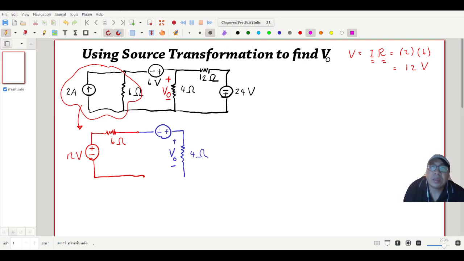We go to the right hand side here. This is a 12 ohm resistor in series with the independent voltage source, 24 volt.